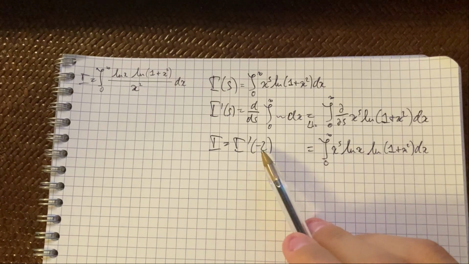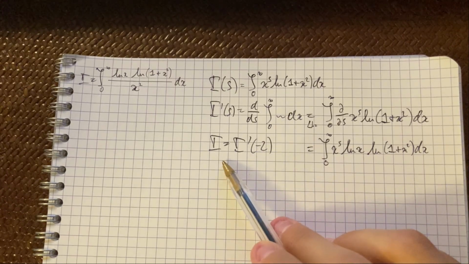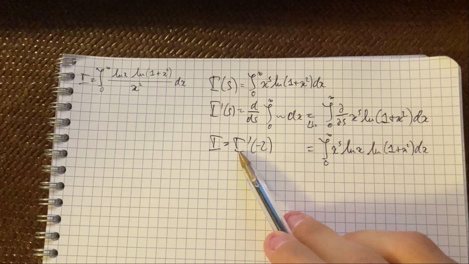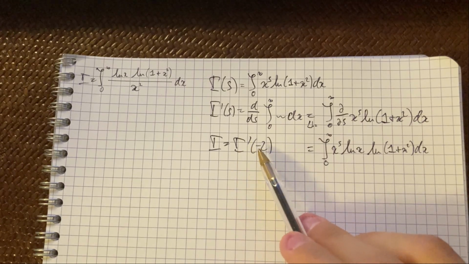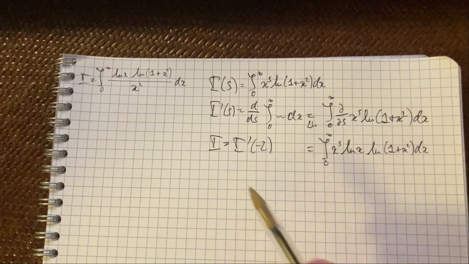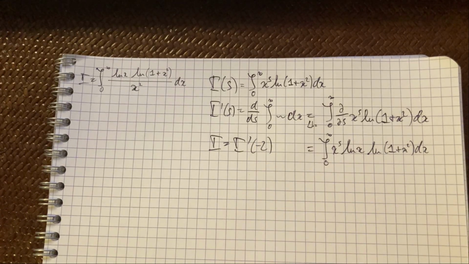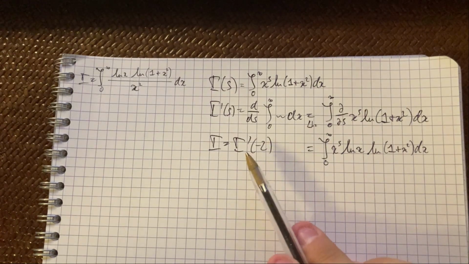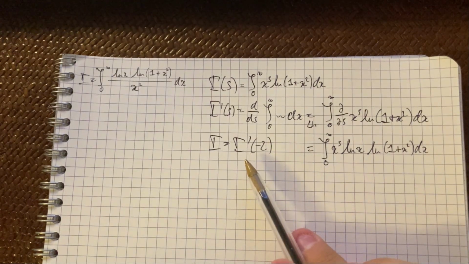We can do here limits, so the limit when s approaches -2 of I prime of s, but here the integral I prime is continuous, so we can just calculate I prime of -2. This integral is already defined, not only as a limit.